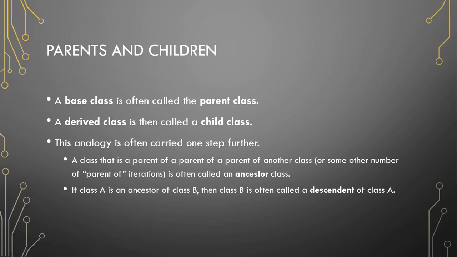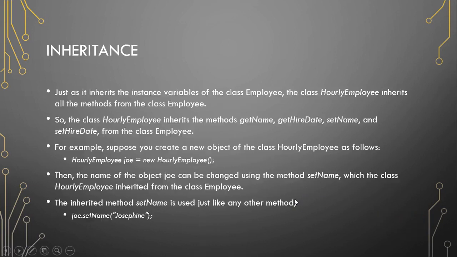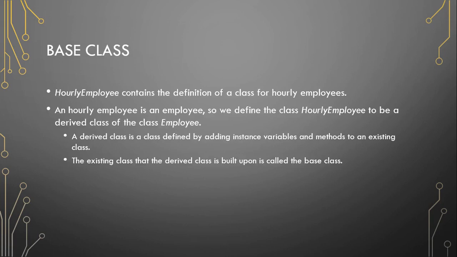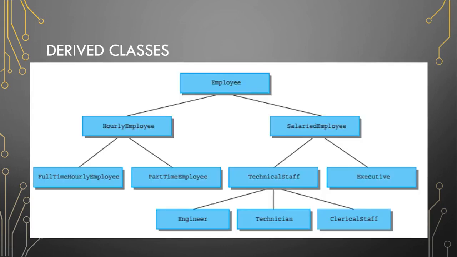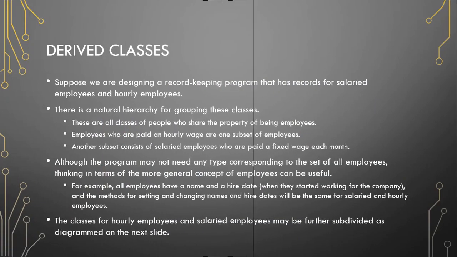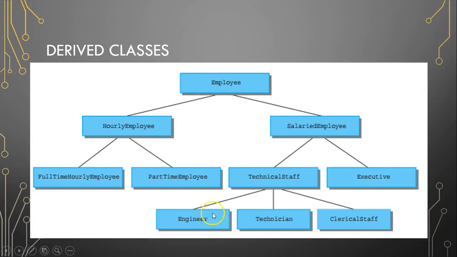So if it's more than the immediate parent, if we look back at that diagram, let me flip back real quick here. If we look at this clerical staff right here, the parent class would be technical staff.